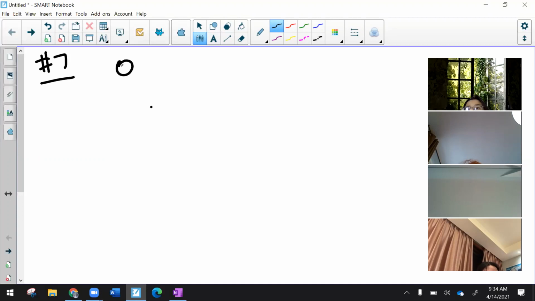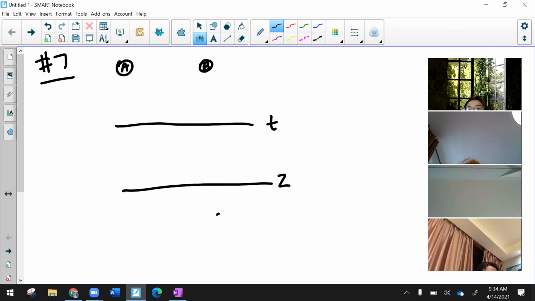So I kind of started by making myself a picture. Just to make things easier, I assume that both objects started from the same height. And here are my times at t and 2t. So this object falls dA and this object falls dB.